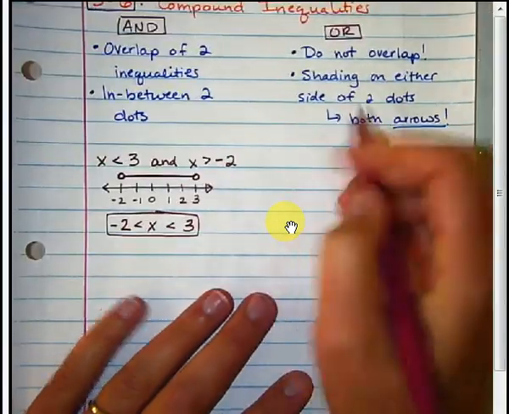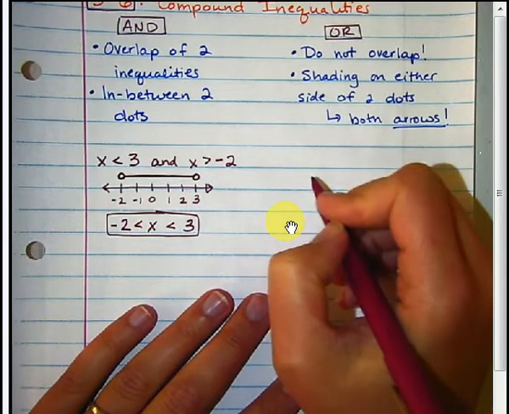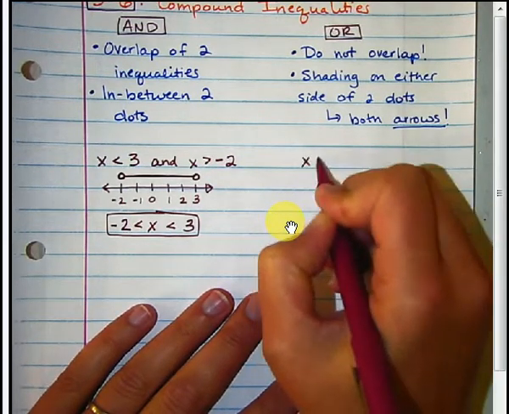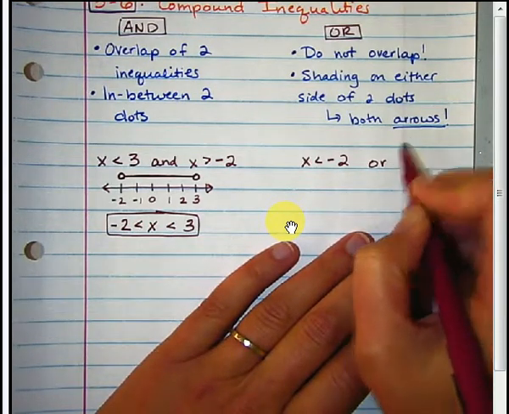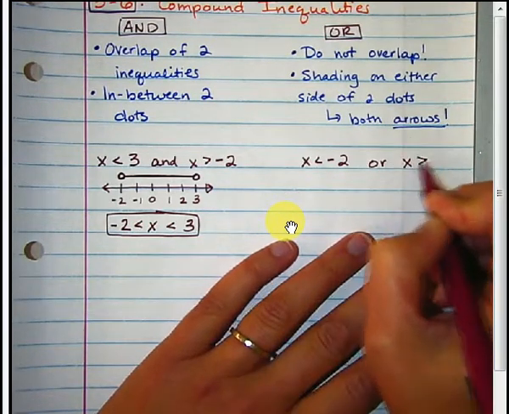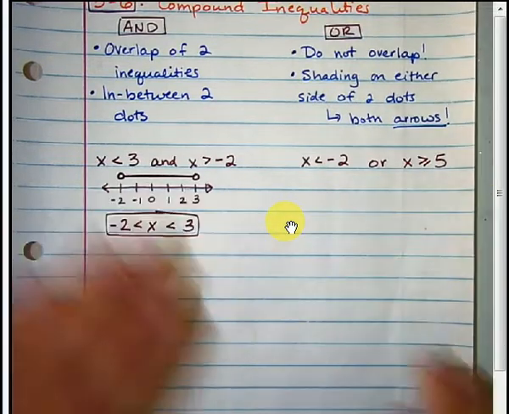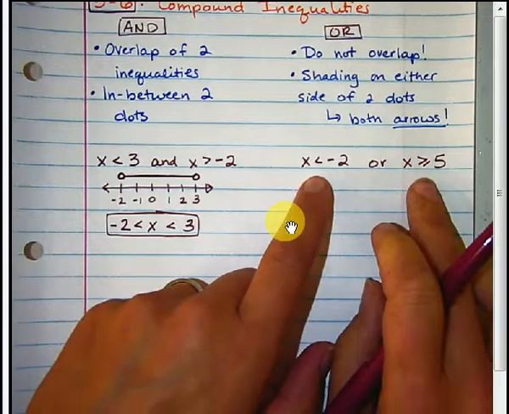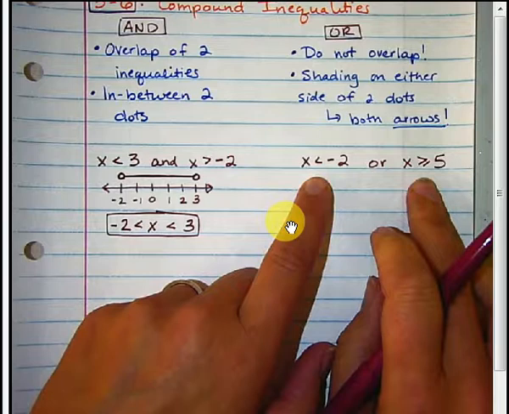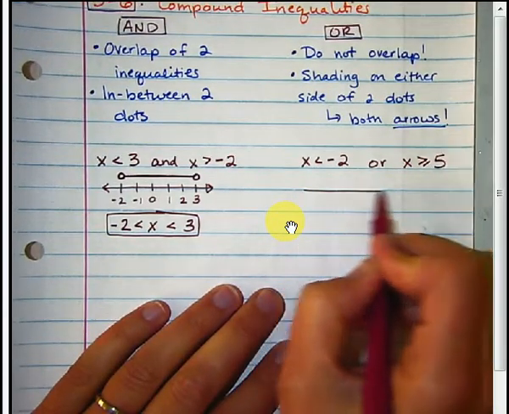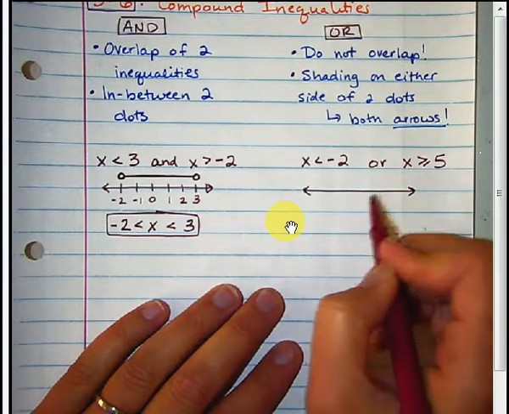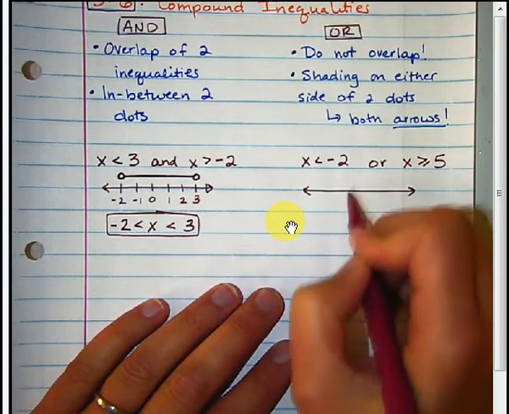Conversely, "or" is where you have one or the other, but there's not going to be numbers that fit both. So we have x is less than -2 or x is greater than or equal to 5. There's not any number that will fit both of these, right? There's not a number that will satisfy both of them. So when we graph, we're just going to graph them separately. Just make sure you can fit them both on the number line.